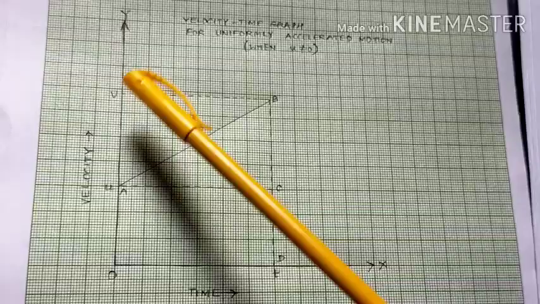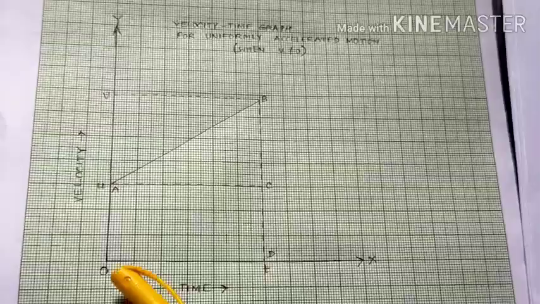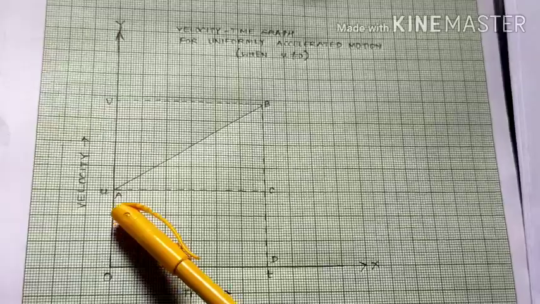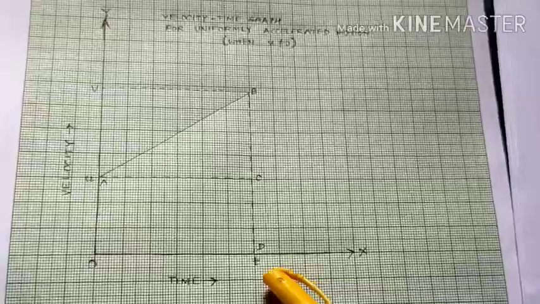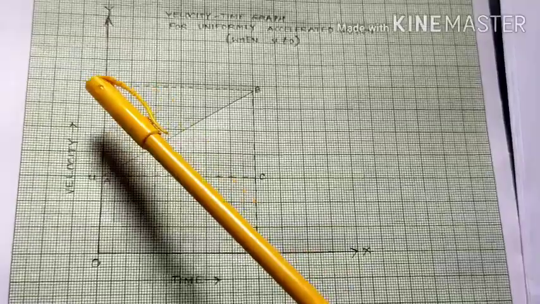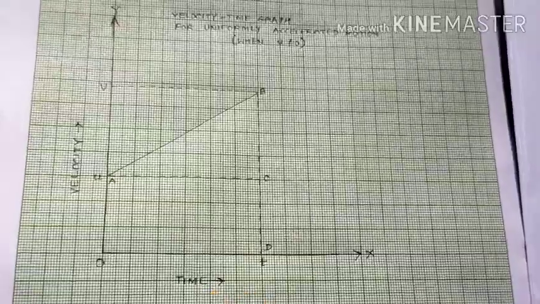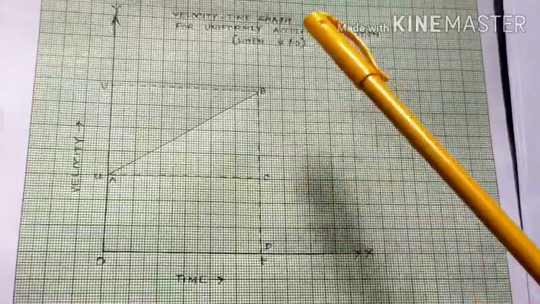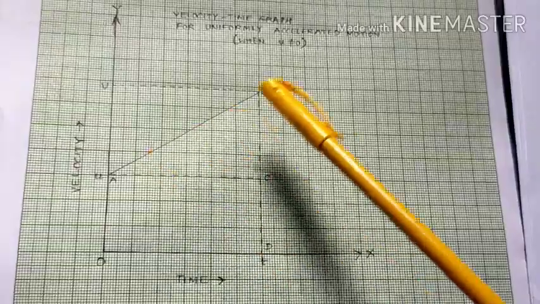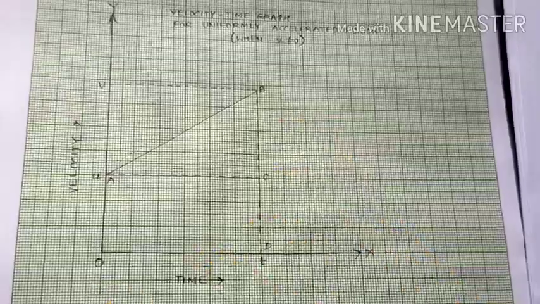So the velocity has been pointed, and at time 0 velocity is u, and at time t velocity is v. That is the final velocity. Okay, so this is how the graph is going to look like, and this graph will be used in deriving the equations of motion.